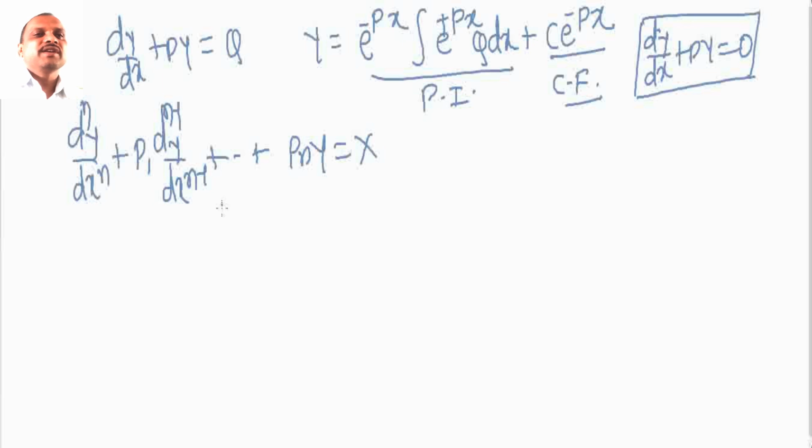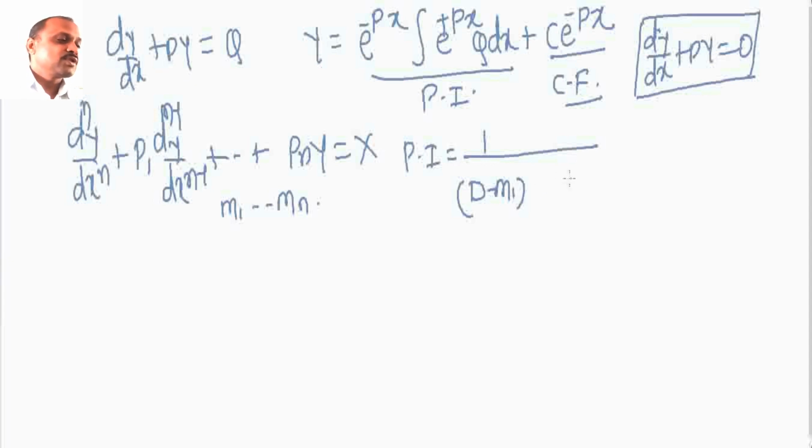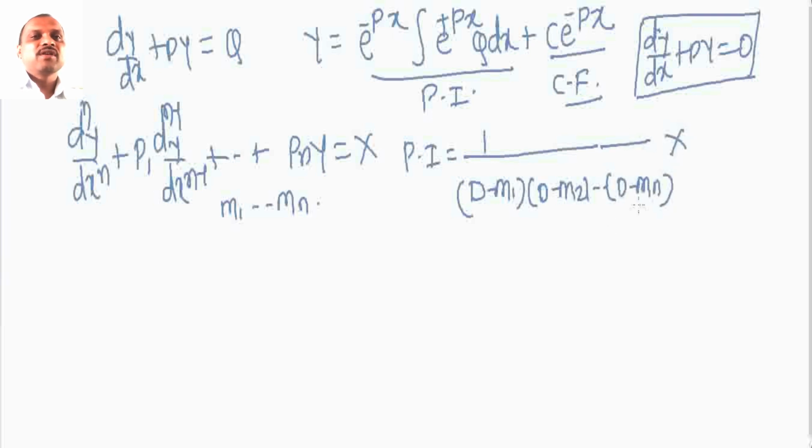For the particular integral, suppose m1, m2, ..., mn are the roots of this differential equation, then the particular integral is 1 divided by (D minus m1) into (D minus m2) ... (D minus mn), operating on x. I am writing the particular integral as a multiplication of factors.